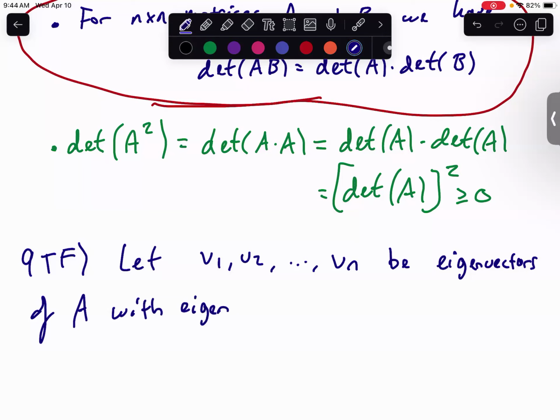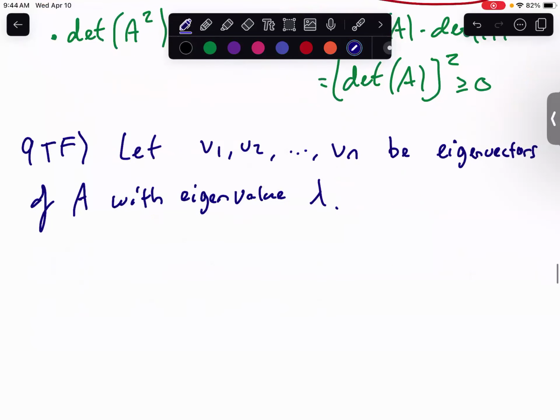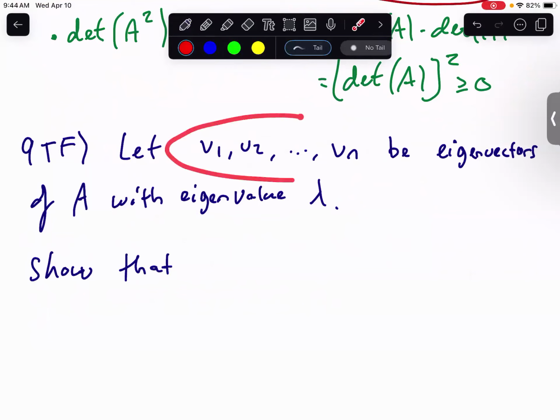So they all have the exact same eigenvalue. And so what we want to show is that any linear combination of these vectors ends up again being an eigenvector for lambda.